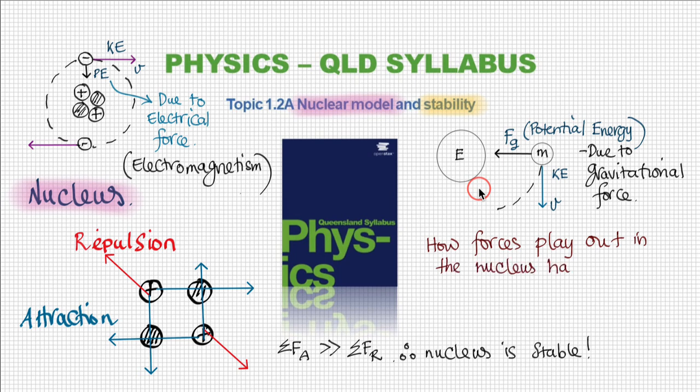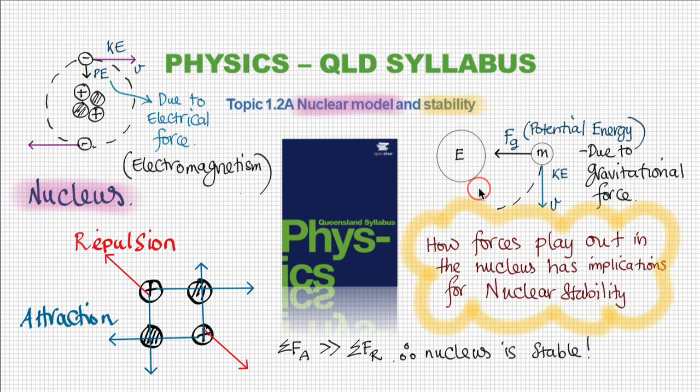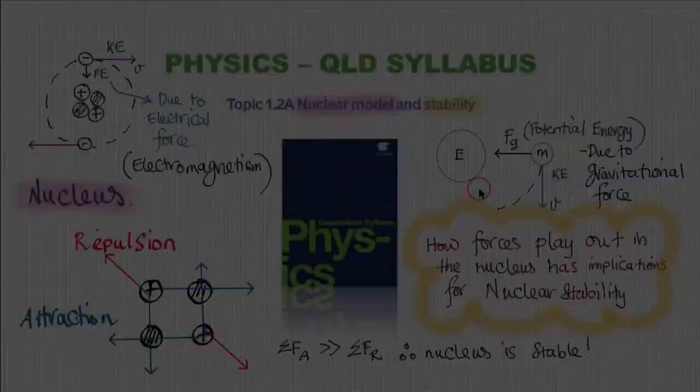So really, this whole topic 1.2a is going to be about how forces play out within the nucleus and the implications that has for stable or unstable nuclei or atoms.